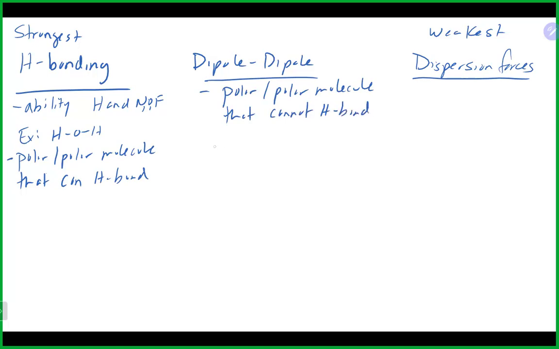An example like we saw there, like CHF3, has the ability to be polar but cannot hydrogen bond, and that is something that will be able to do that.